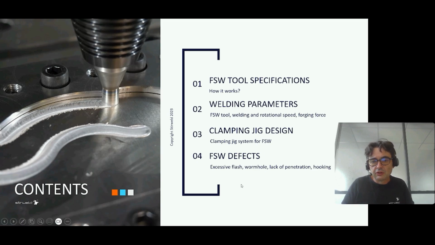And I will finish by introducing the main FSW defects. Today is only 1 hour of an overall training of 2 days. I'm sorry for that, but if you want to attend the complete training, don't hesitate to contact Tiffen here or Ornella in the USA.